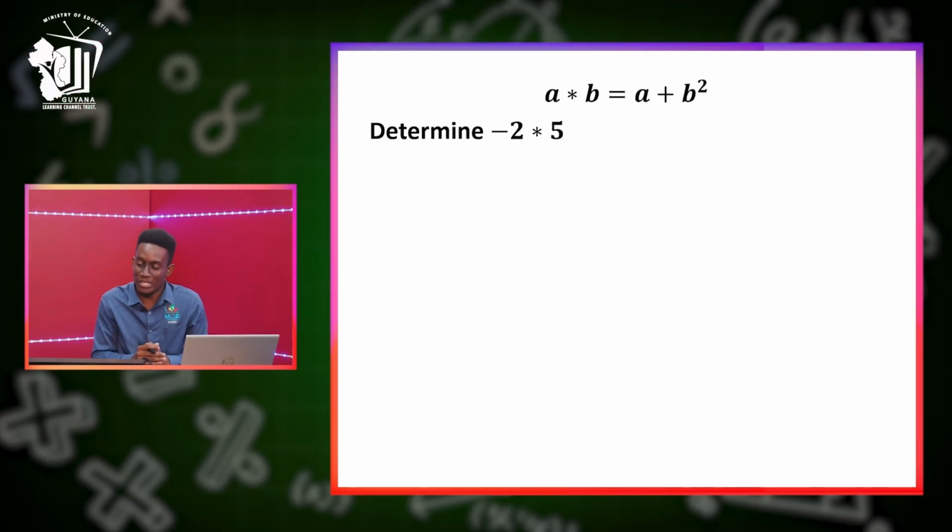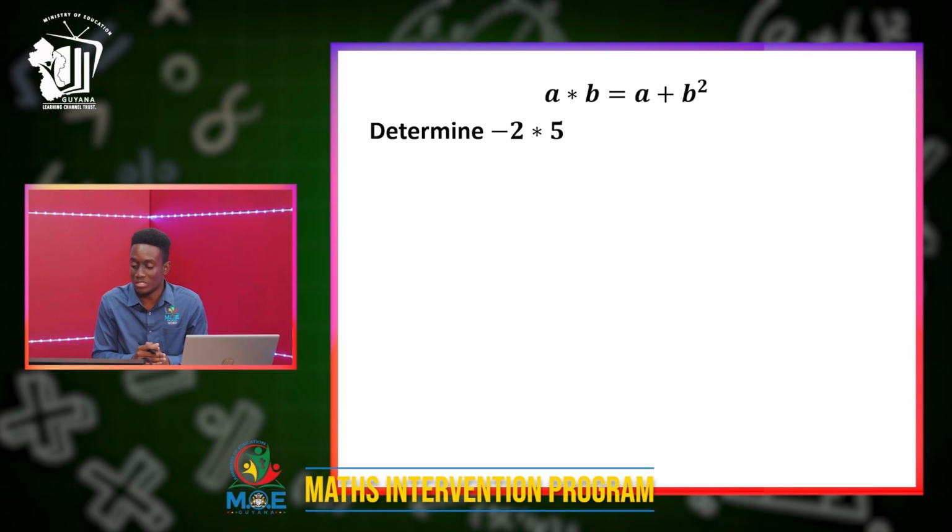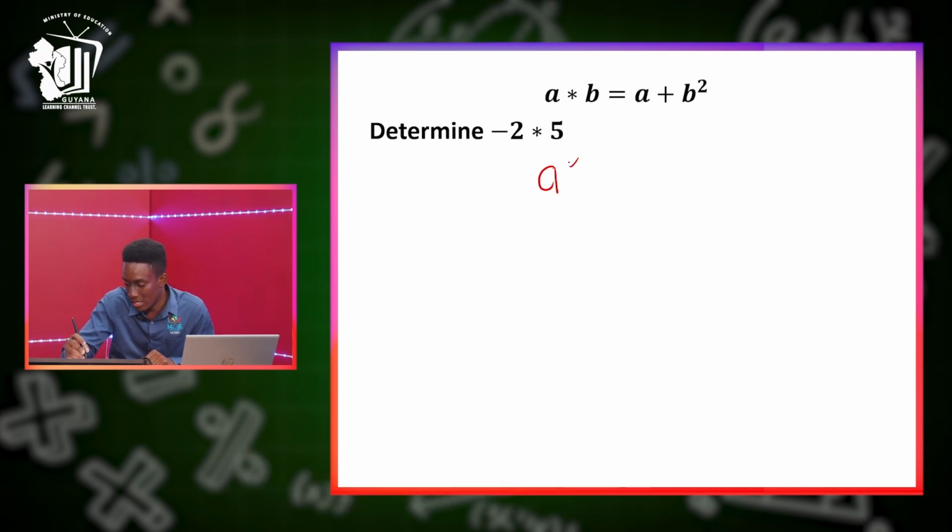So let's say we wanted to find A asterisk B, which is equal to A plus B squared in this case. And in this case, we have negative 2 asterisk 5. So let me write back the operation. A asterisk B is equal to A plus B squared. So in this case, we want to find negative 2 asterisk 5.